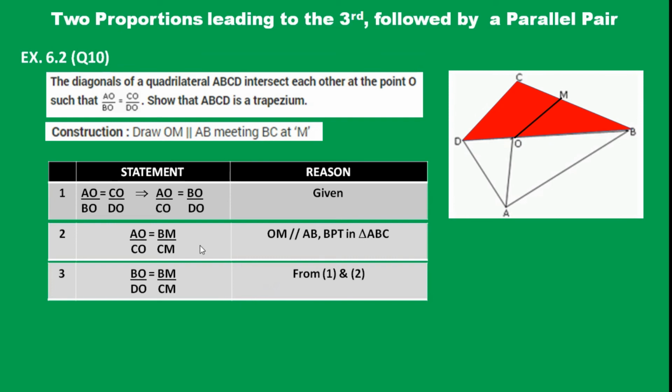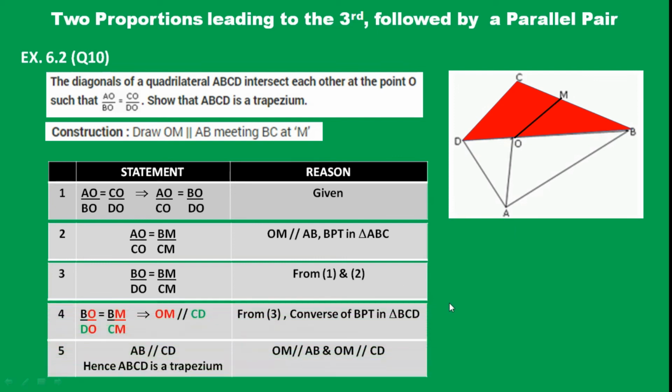we have from equation 1 and 2, statement 1 and 2, AO upon CO, which is the left hand side in statement 1 and 2, are equal to one another. Therefore, we have BO upon DO is equal to BM upon CM. In the red triangle, BO and DO have been divided by OM, and BM and CM are also divided by OM.